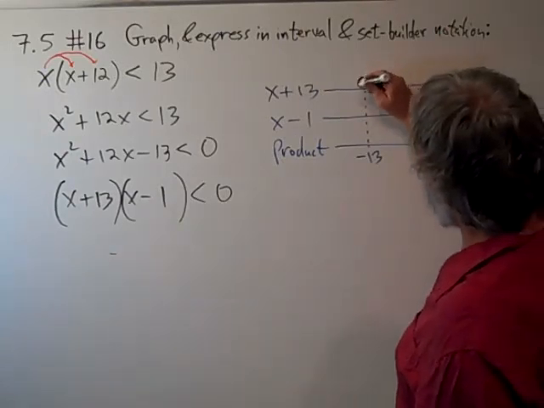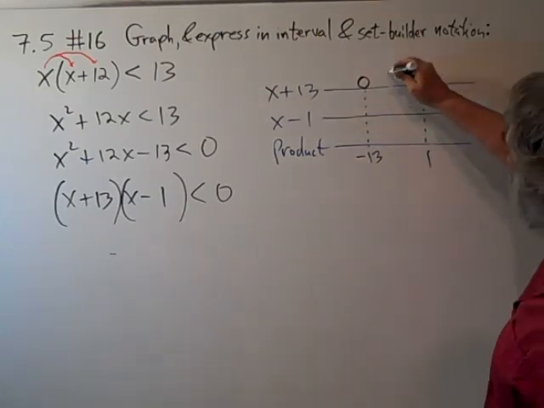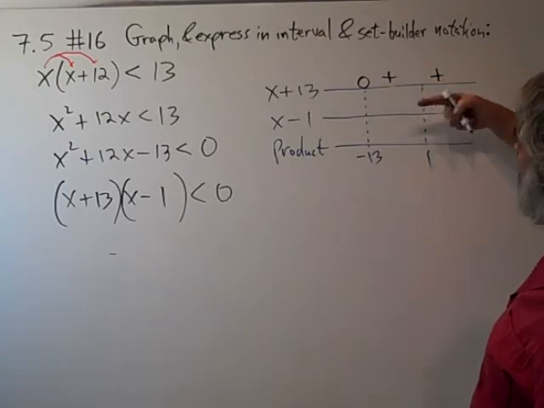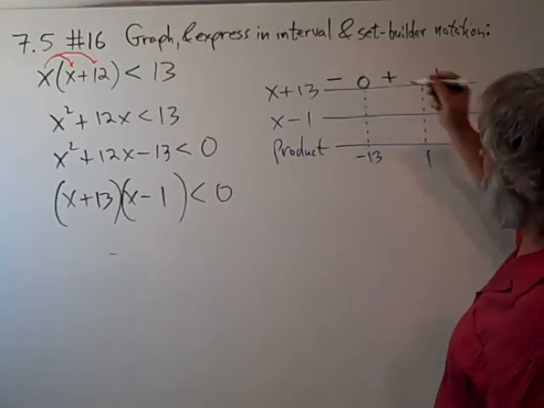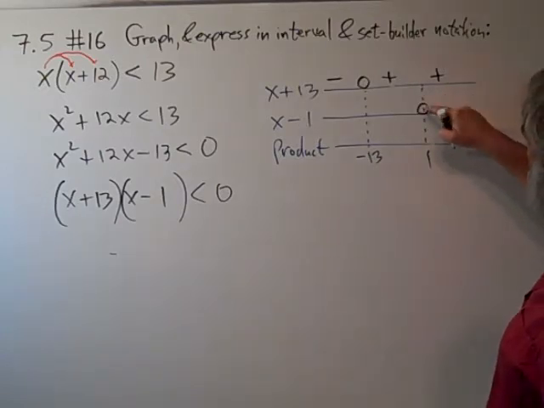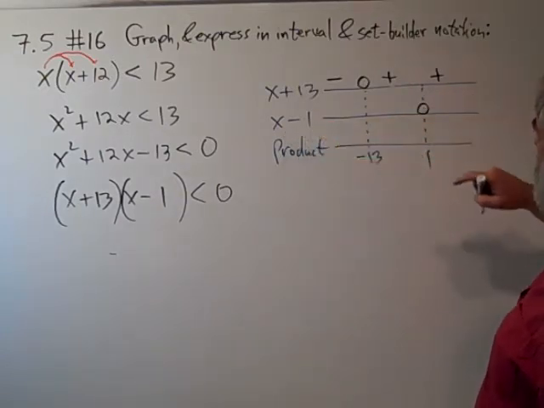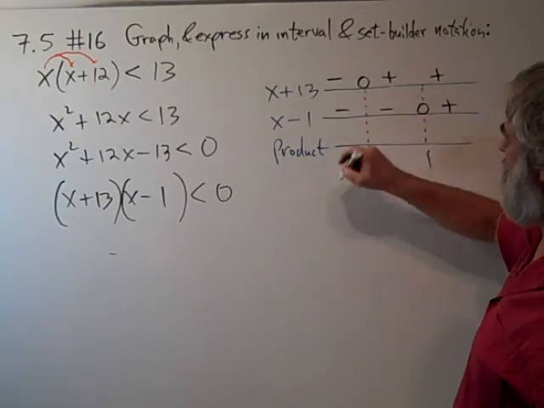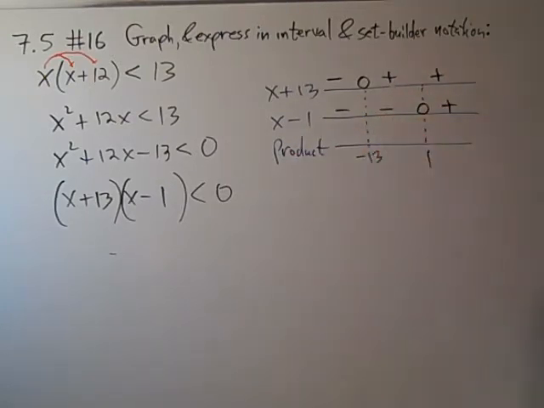At negative 13, x plus 13 is equal to 0. If x is larger than negative 13, x plus 13 is positive. If x is smaller than negative 13, then x plus 13 is negative. Similarly, when x equals 1, x minus 1 is 0, and if x is bigger than 1, then x minus 1 is positive. If x is less than 1, x minus 1 is negative.